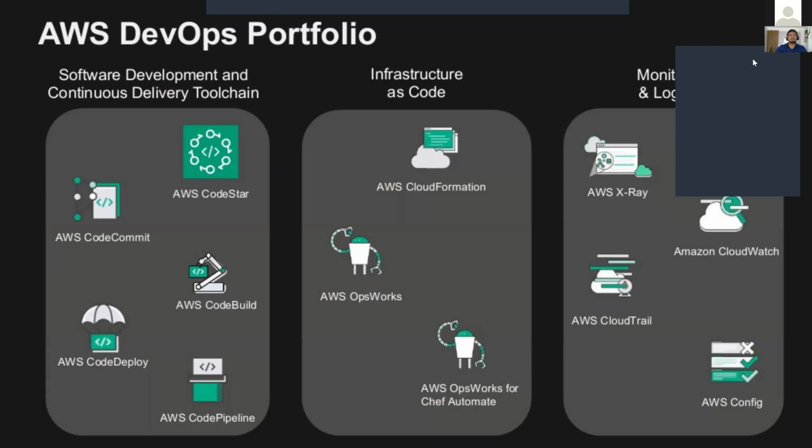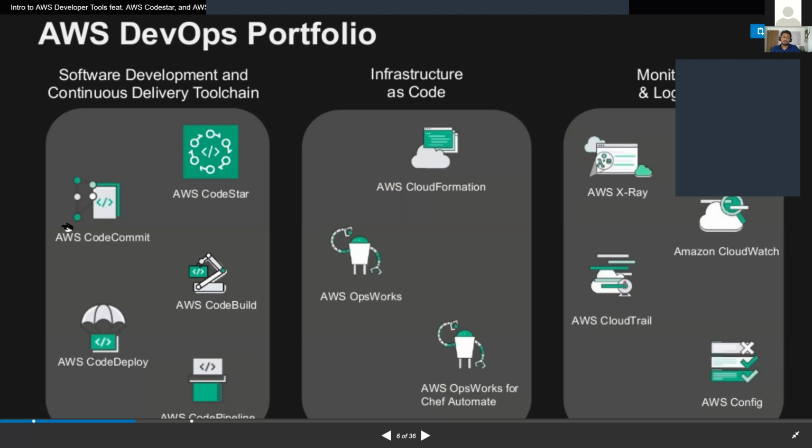So here you can see this portfolio, the software development and continuous delivery toolchain. We have CodeStar, AWS CodeCommit, which saves the code, CodeBuild, which allows you to build your code, and CodeDeploy, which allows you to make your application live.